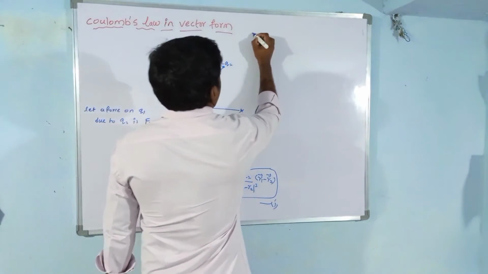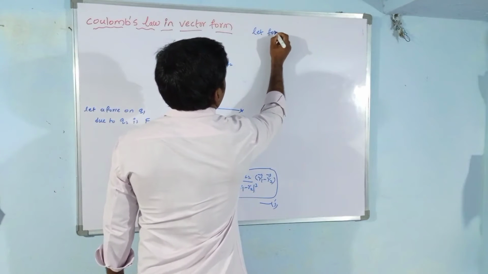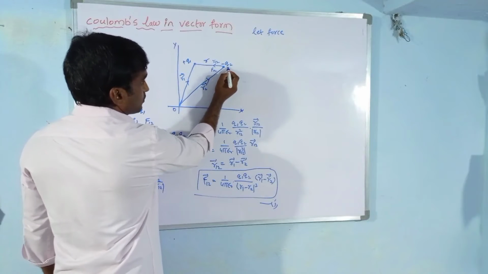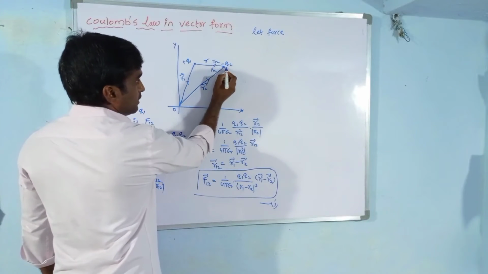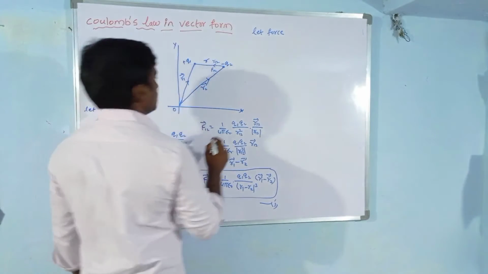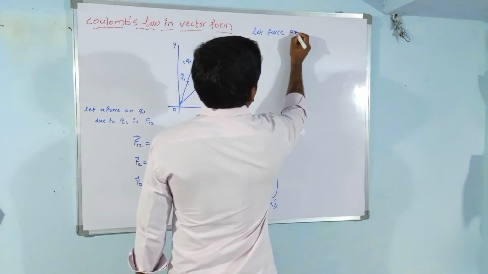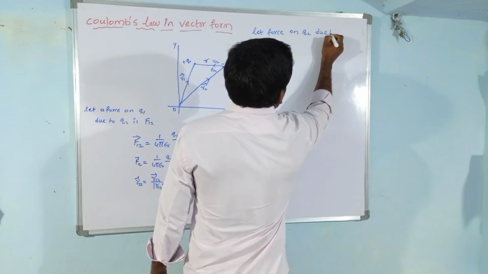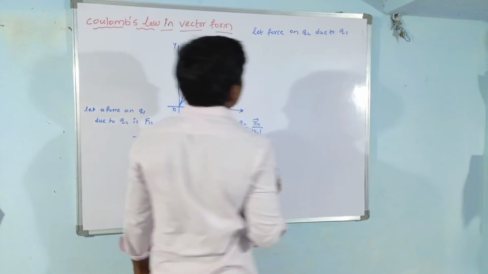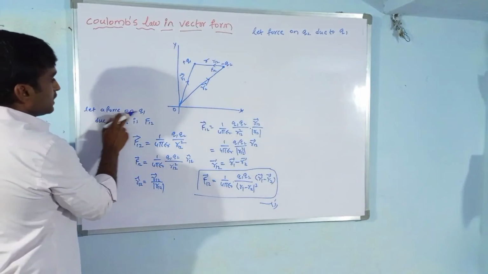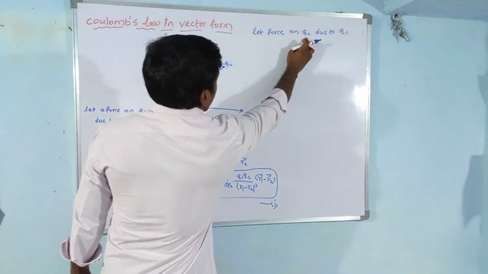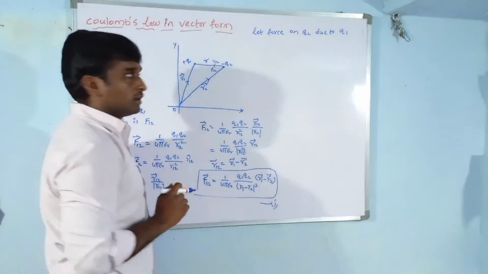Next, let the force acting on the q2 charge due to q1 be F21. Initially it was the force on q1 due to q2, and here it is the force on q2 due to q1.